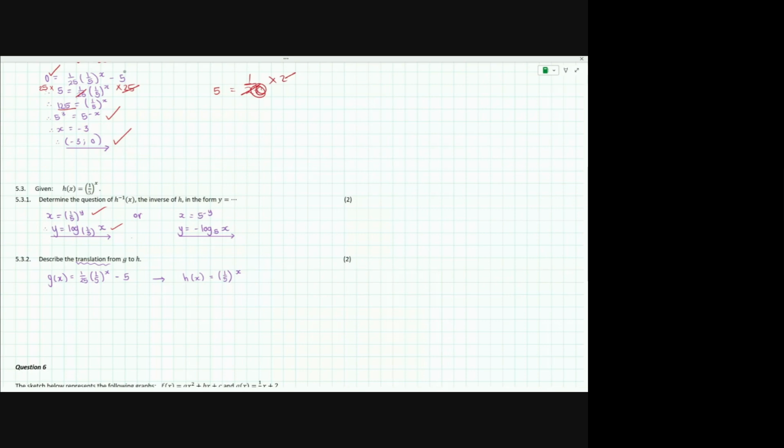So hopefully, fairly obviously, if we compare the constants, there's a -5 and there's 0. So this will be plus 0. We can fairly confidently say it's gone 5 units up. But what about the left or right? This is where your exponent knowledge comes into play. For exponential functions, remember, it would be a to the power bx minus p plus q.